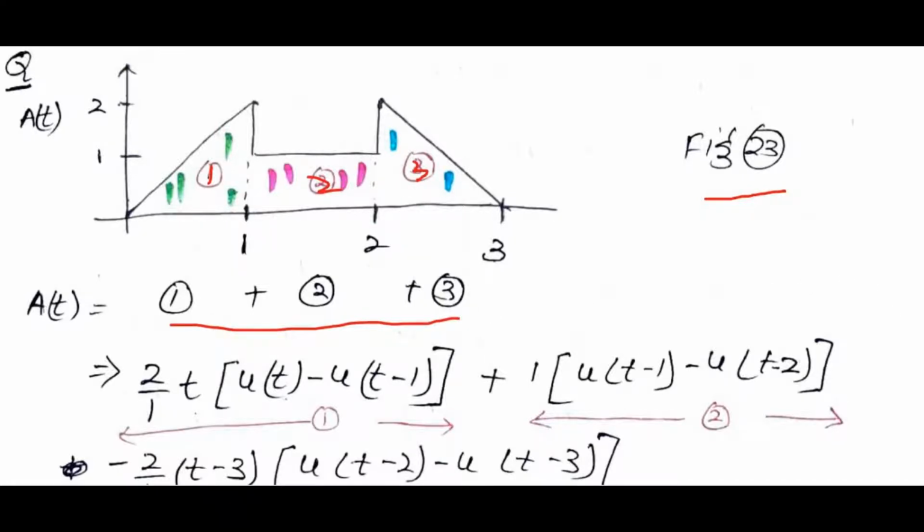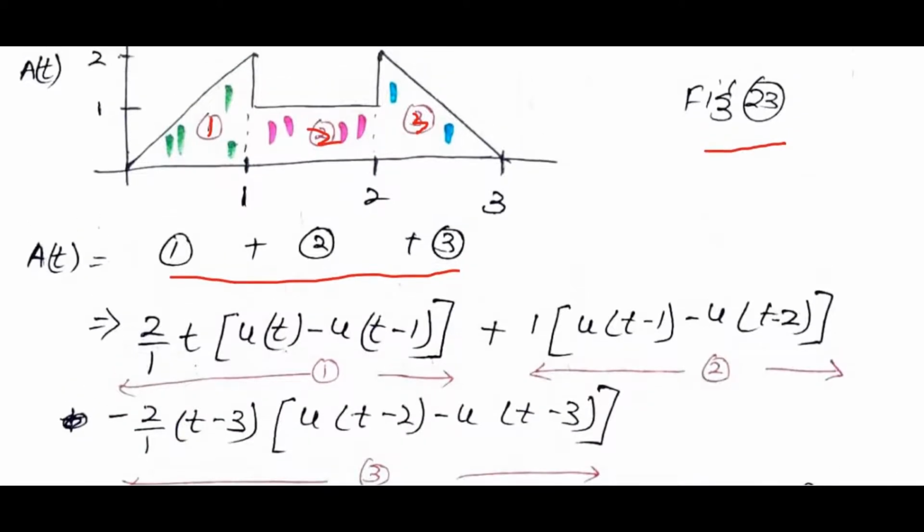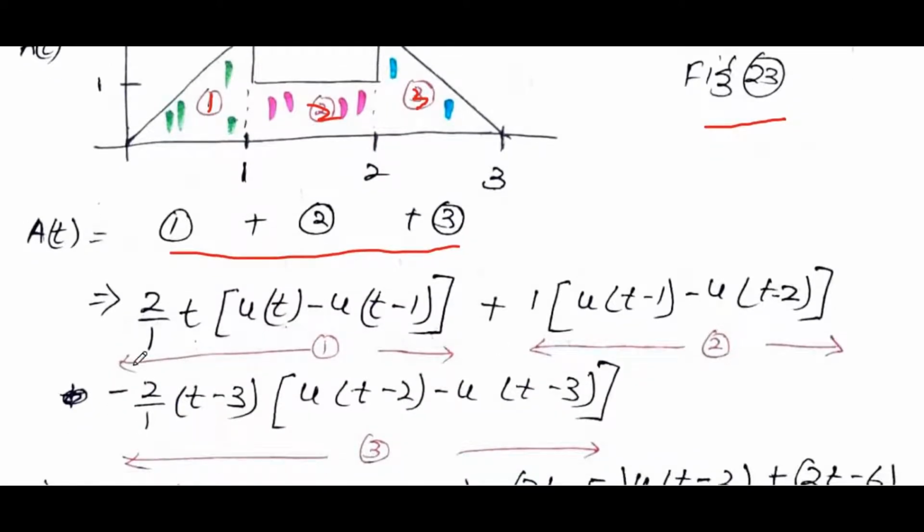Apply GS formula for part 1. This is part 1. You will get here the slope is 2. 2 minus 1 upon 1 minus 0 will give me 2. Then t minus 0 will be t, a gate function from t equal to 0 to t equal to 1. This is for first part.